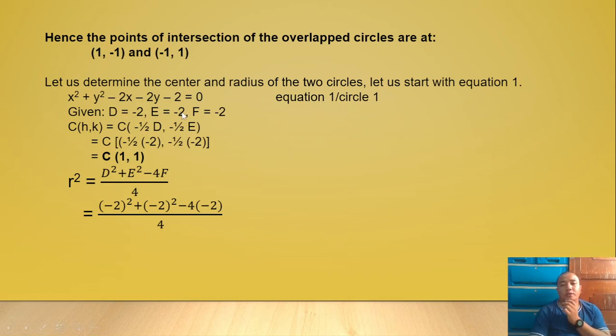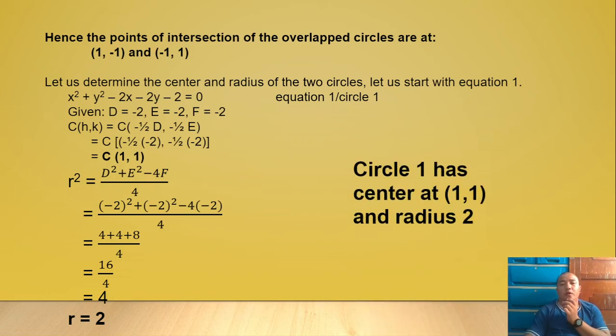D is negative 2, E is negative 2, F is negative 2. Substitute: 4 plus 4 plus 8 is 16, divided by 4, r squared equals 4, so the square root is 2. So for circle 1, the center is (1, 1) and the radius is 2.